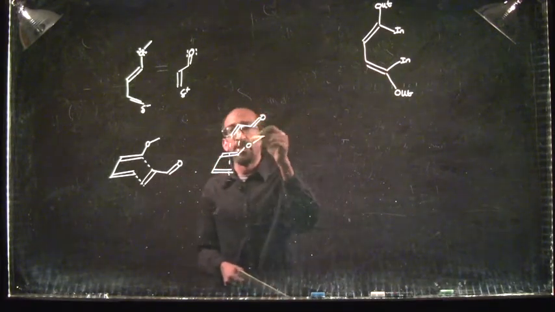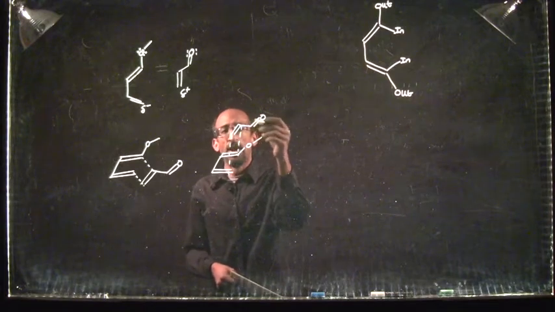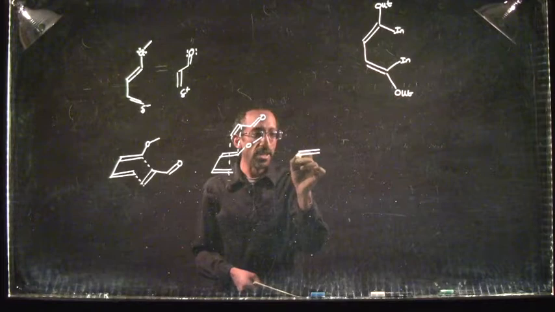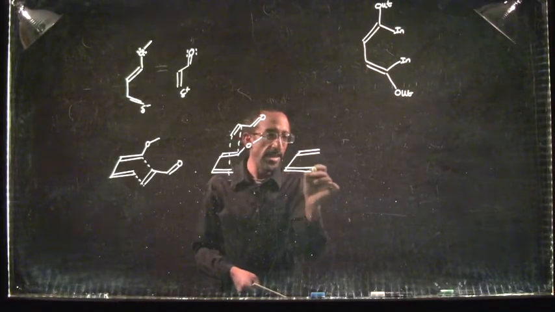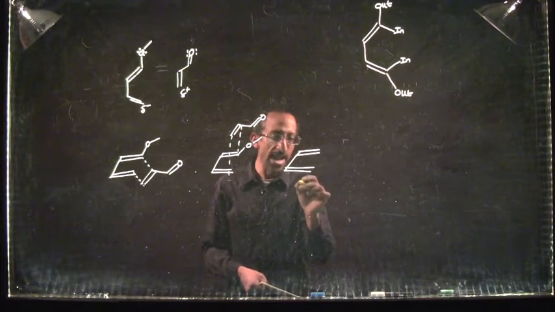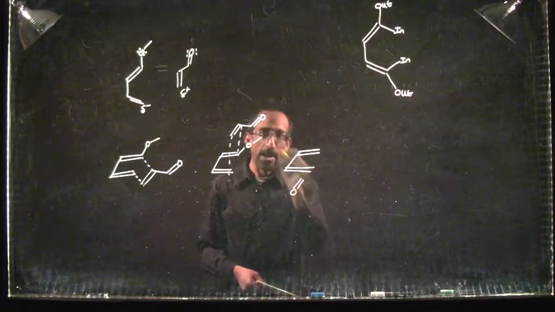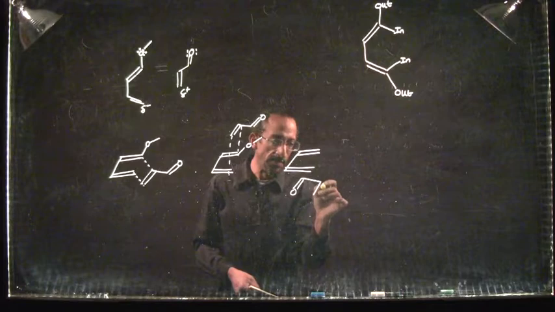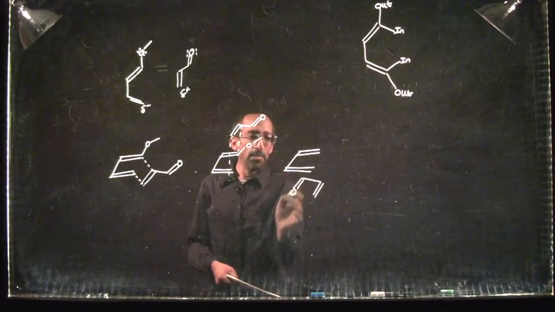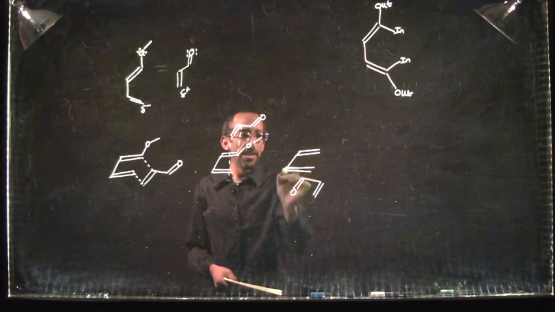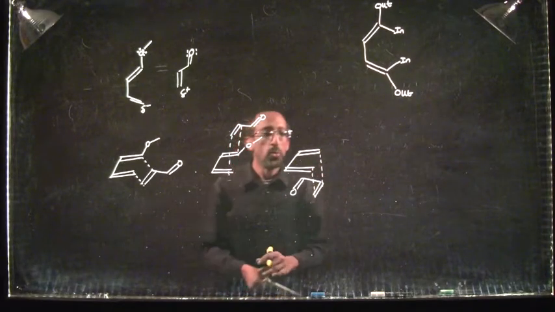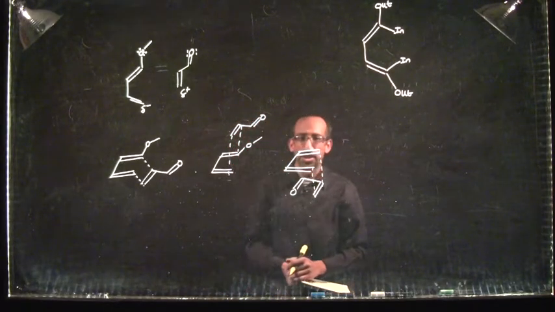We can do a little bit of single bond rotation on our dienophile. We can create a slightly different bottom face approach, where now, by rotating around this sigma bond in my dienophile, I can place my carbonyl underneath that sigma bond, and again, we are forming bonds in that fashion.